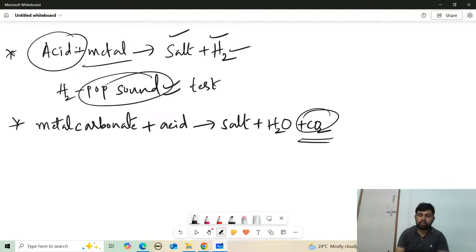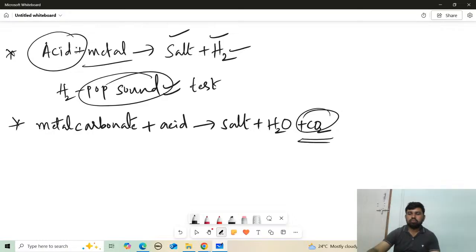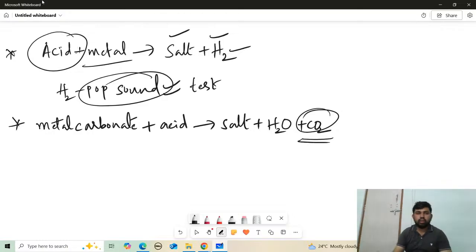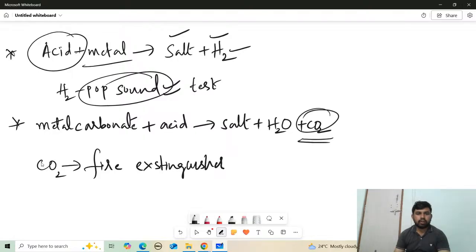CO2 gas is remembered as the fire extinguisher gas. You extinguish the fire with it. This is the fire extinguisher. So remember.